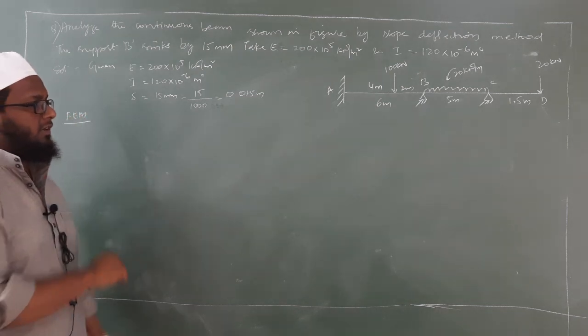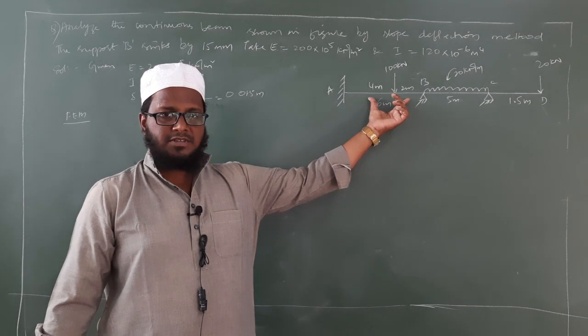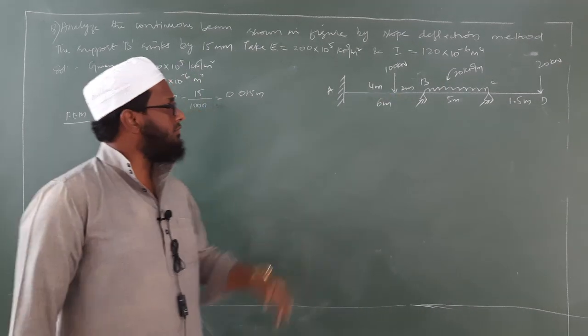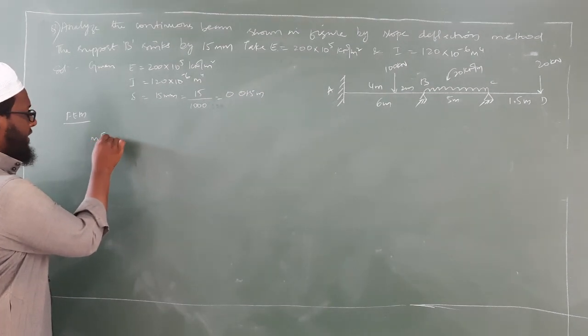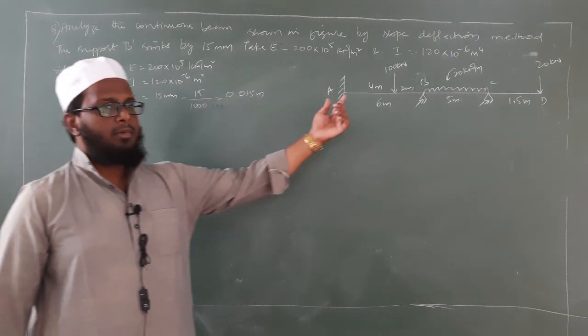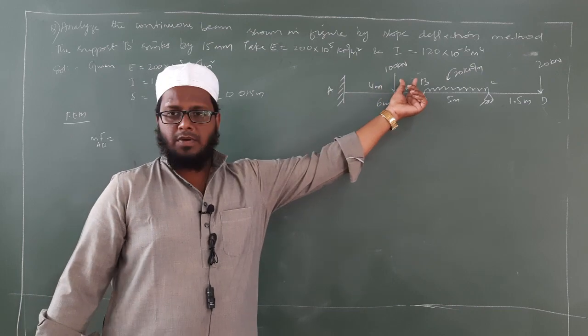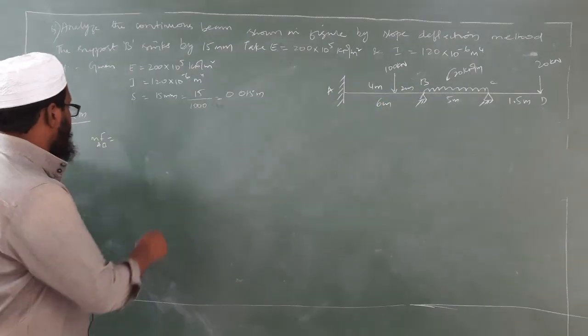In case of this one, can you tell me what are the fixed end moments you will get? That is MFAB is equal to minus WAB square by L square, isn't it?